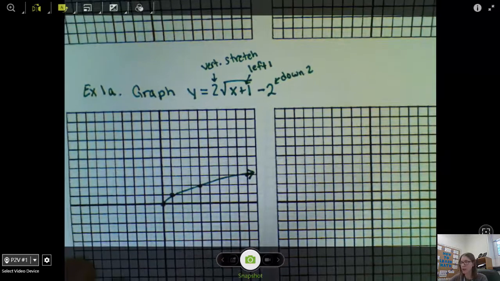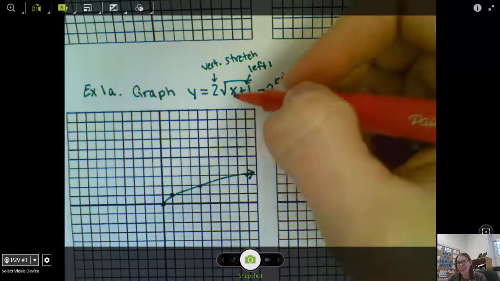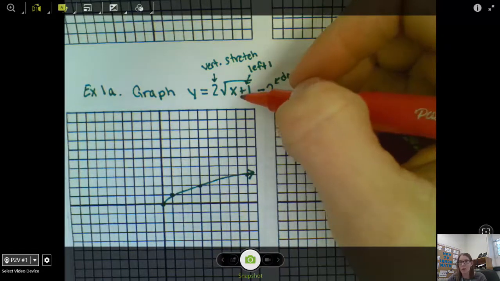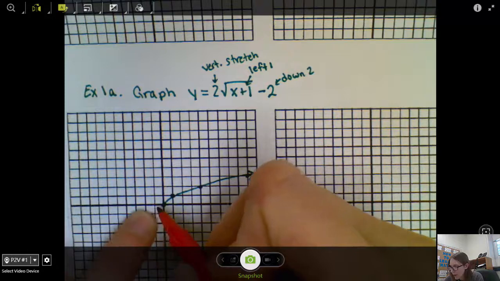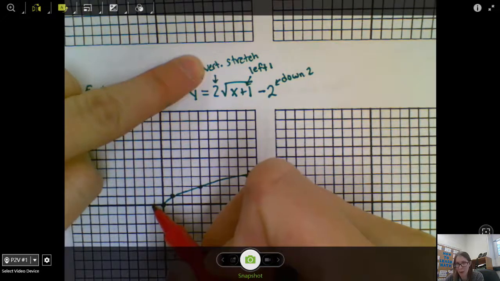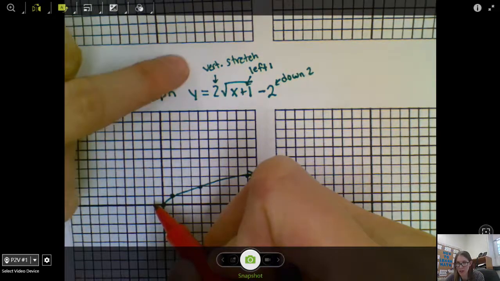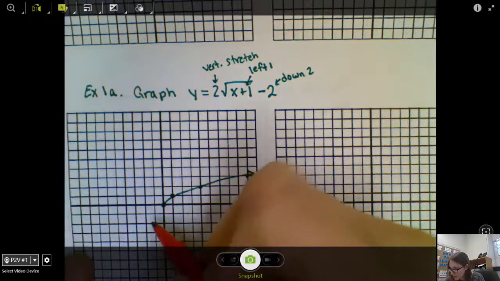Remember that transformations follow the order of operations. We would start on the inside and work our way out. So each point, we're going to go left 1. Then that vertical stretch, I take my y value times 2. 0 is my y value, times 2 is still 0. And then minus 2, I go down 2.